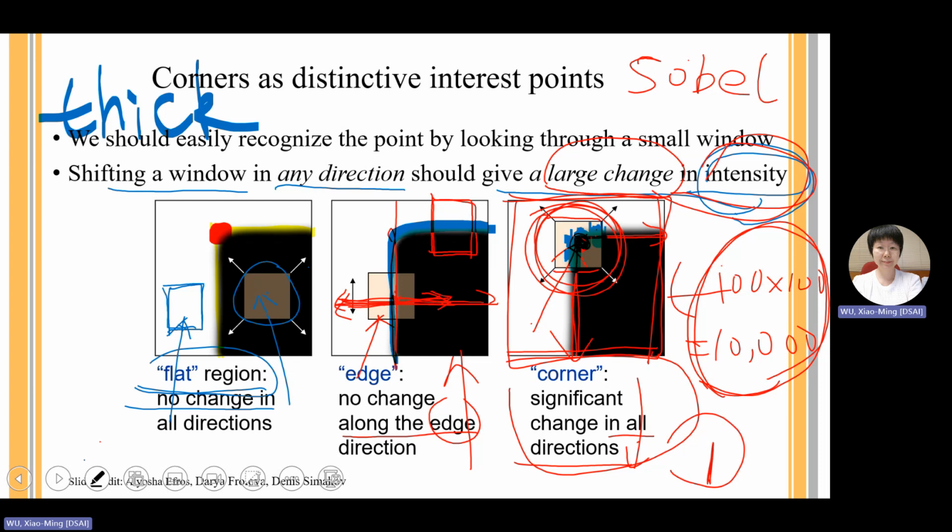Remember, in edge detection, we perform non-maximum suppression to remove the redundant edge pixels.